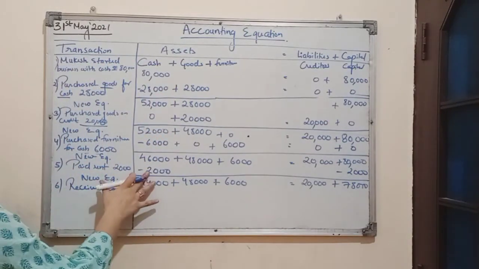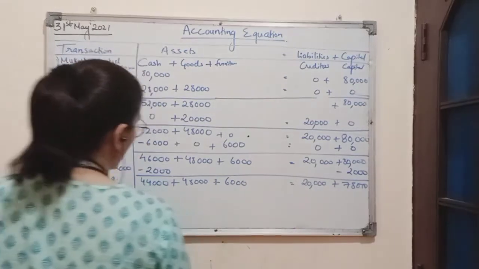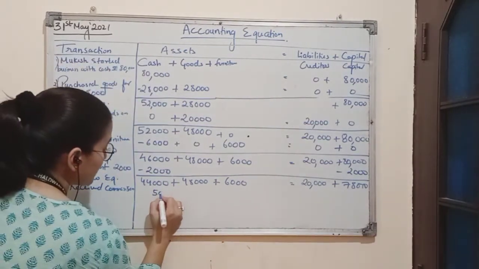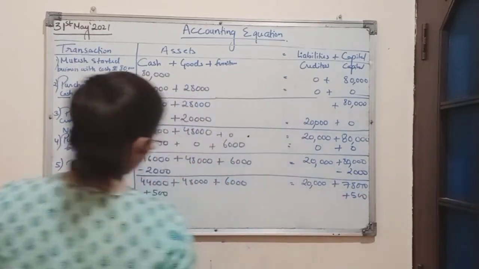If expense is deducted from cash and capital, so income will be added to cash and capital. Rupees 500 in cash and rupees 500 in capital.